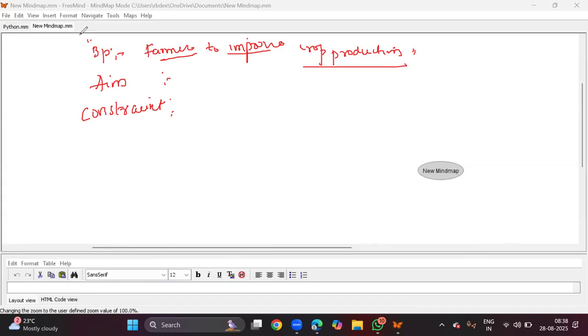What could be the aim of this? What is the farmer's aim? What is his objective? Why did he come to us to improve his crop production? Exactly. So to improve the yield, I should write maximize, or improve, instead of that.